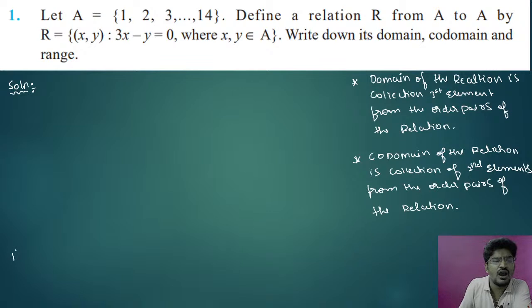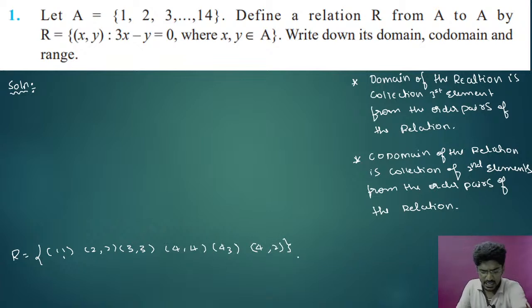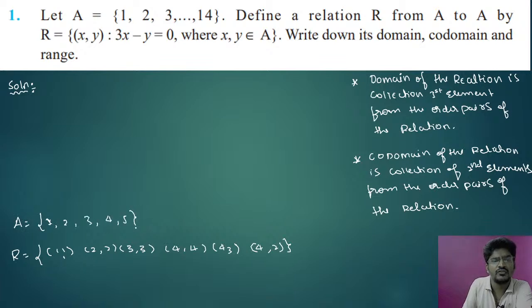See, if I write R equal to {(1,1), (2,2), (3,3), (4,4), (4,3), (4,2)}, this is my relation on the set A equal to {1, 2, 3, 4, 5}. Now if I collect the first elements, that is 1, 2, 3, 4, that is going to be the domain.